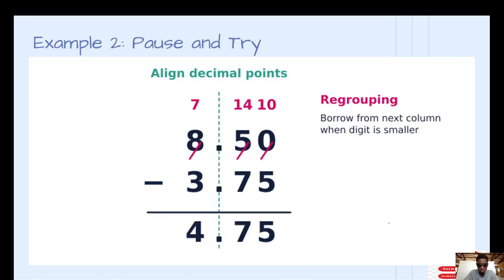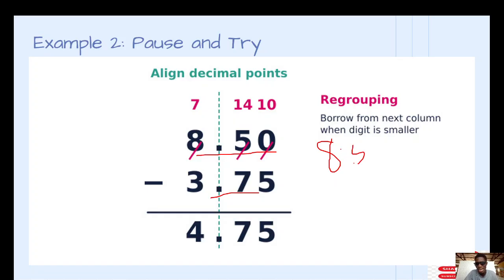So we are going to continue with example number 2, where we are subtracting 3.75 from 8.58. There are times where you get something like 8.5.